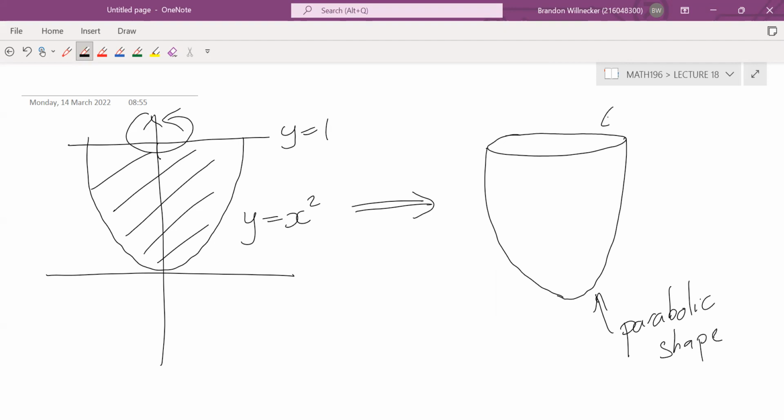And at the top, it is cut off at y equals 1. Is there anyone confused with how I got from the parabola shape to this 3D shape? Okay, so everyone's okay with this rotation idea.